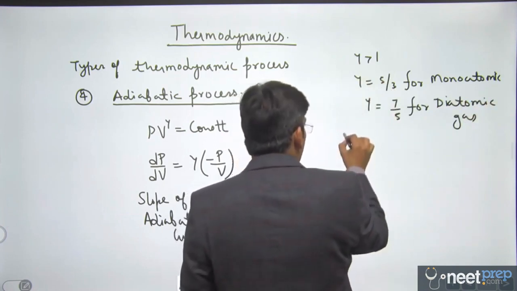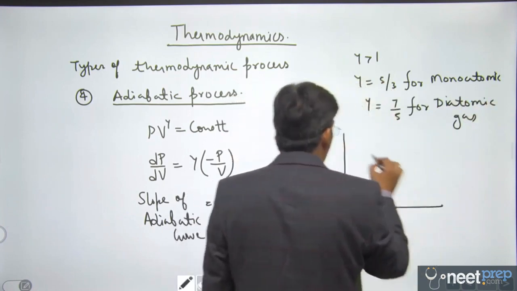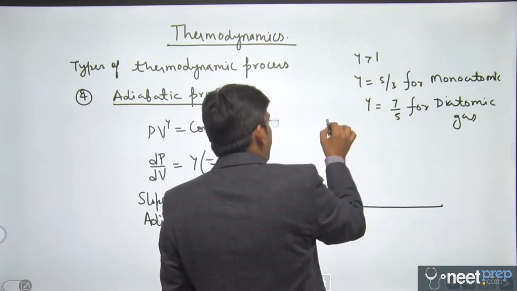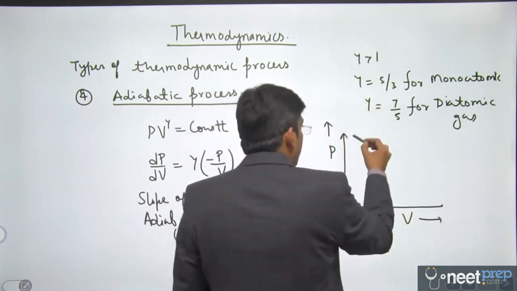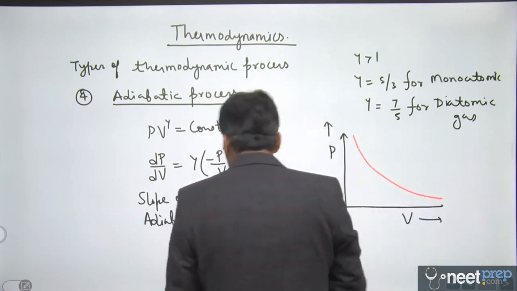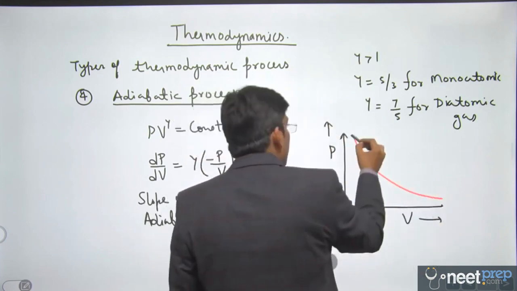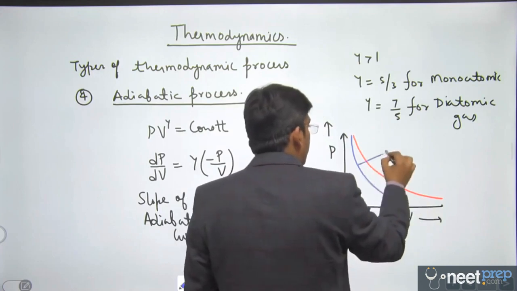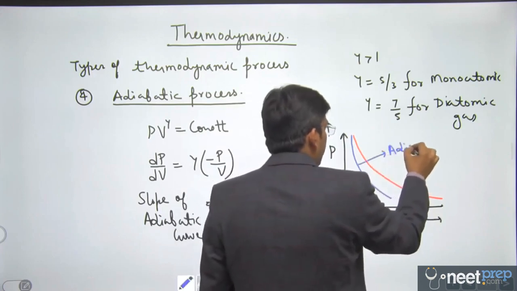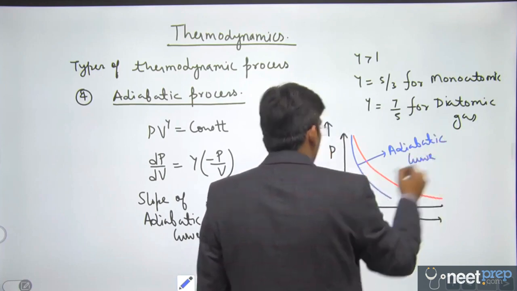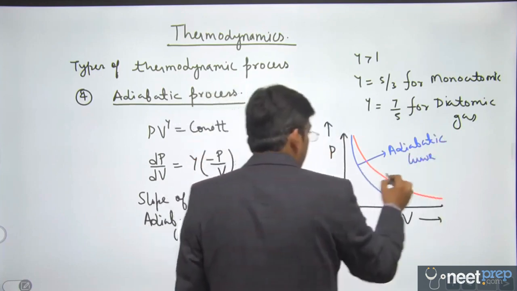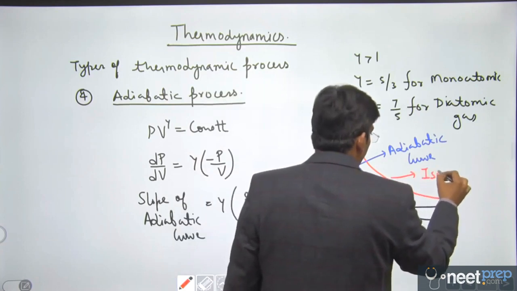If we want to draw the PV graph, and suppose this is an isothermal curve, we expect this adiabatic curve to be a little steeper. So this is an adiabatic curve, it is steeper. And if this is an isothermal curve, keep in mind.